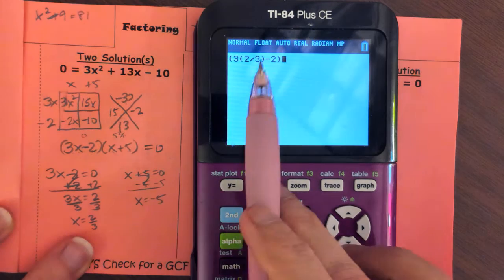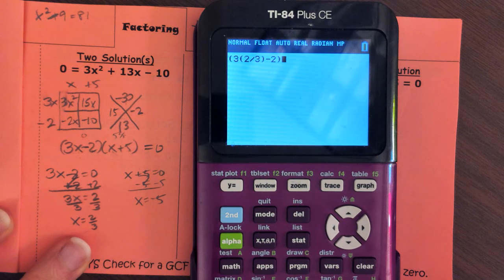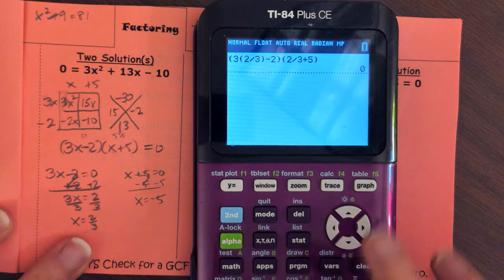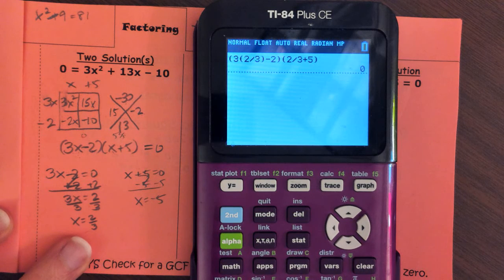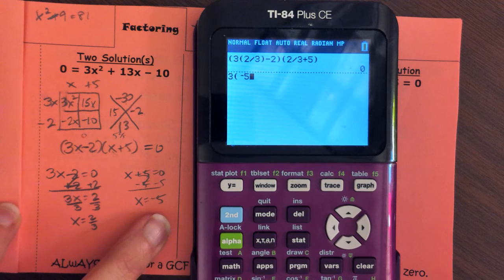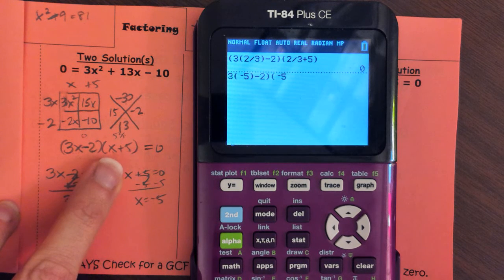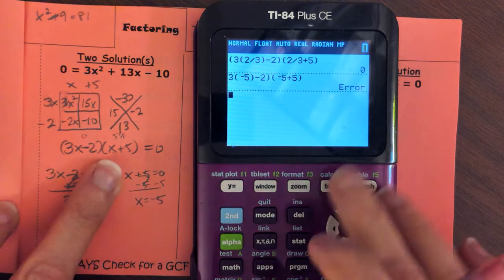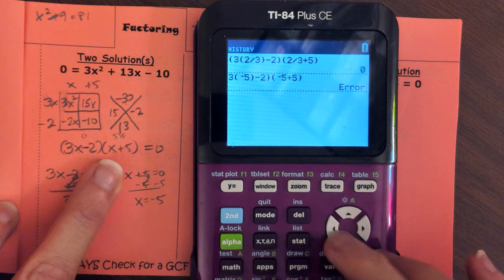Again, all I'm doing is substituting in for x, times 2/3 plus 5, I get 0. Okay, let's try the other one. Let's do 3 times negative 5 minus 2 times negative 5 plus 5. I get, oh, whoopsie, sorry about that, I messed up.